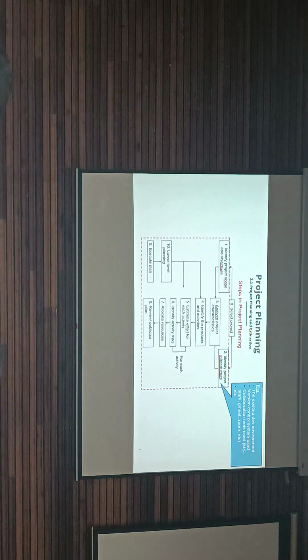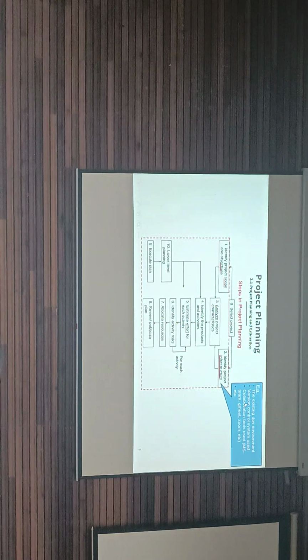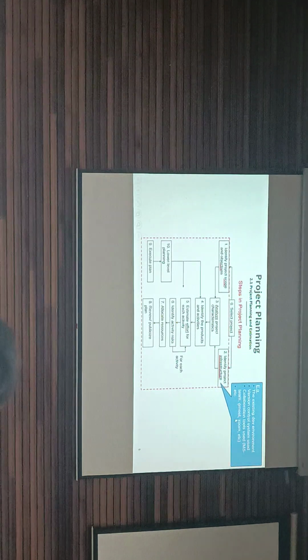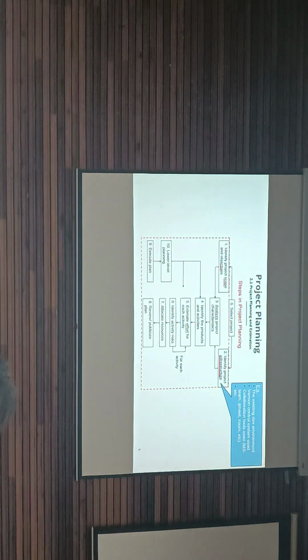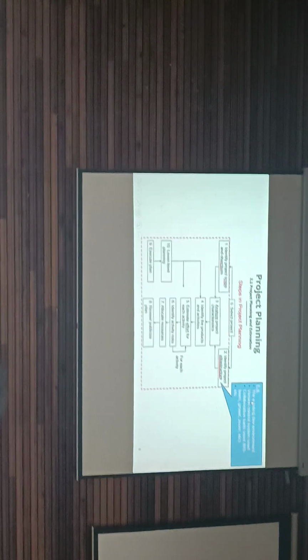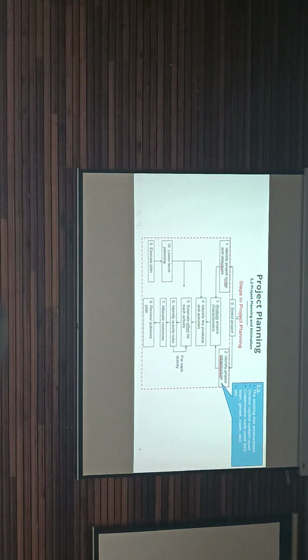What is the existing development environment used in the organization? What version control system is used by the company? What collaboration tools are used in the organization that you have just joined, whether it's Teams, Gmail, or Zoom? This information is needed when you are doing your project planning and project execution.